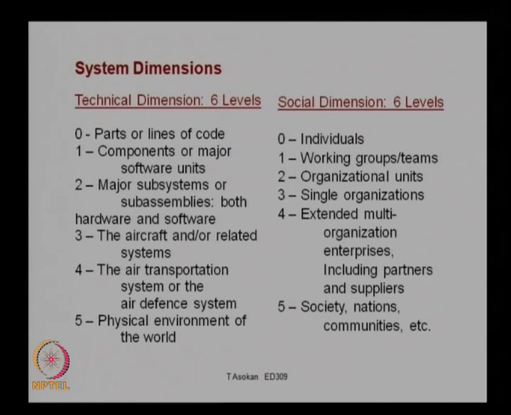They all become the 5th level of extended multi-organization. So if a company is developing a particular system, there are many suppliers, quality assurance teams, and organizations which monitor the quality of the system, and organizations which are finally going to use it. They are also part of the system.